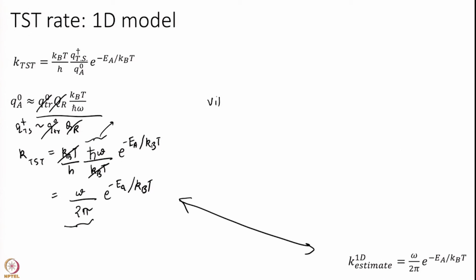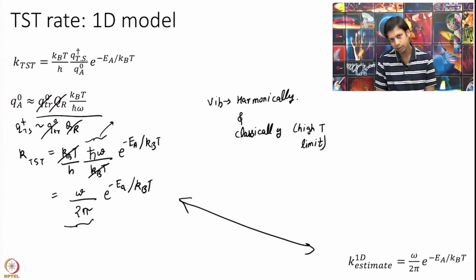So, the vibration is treated harmonically, that is a simple harmonic oscillator, and classically in the high temperature limit. In that limit our simple 1D estimate, the back of the envelope estimate, basically works.